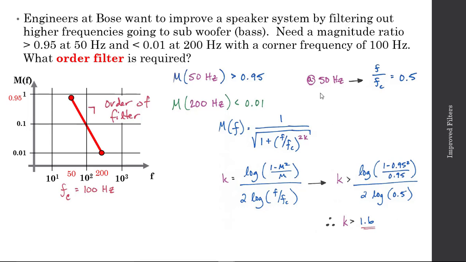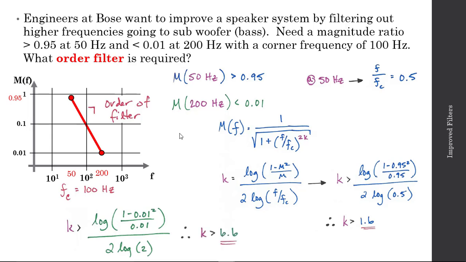Now let's do the same thing for the second constraint. So the magnitude ratio at an input of 200 hertz must be less than 0.01. I'll have the same equation. So for this requirement, k must be greater than the log of 1 minus 0.1 squared divided by 0.01, all divided by 2 times the log of 2. So what this tells me is that k must be greater than 6.6.